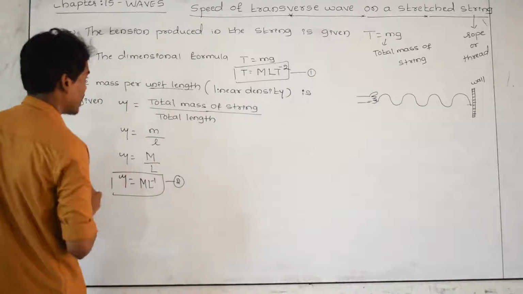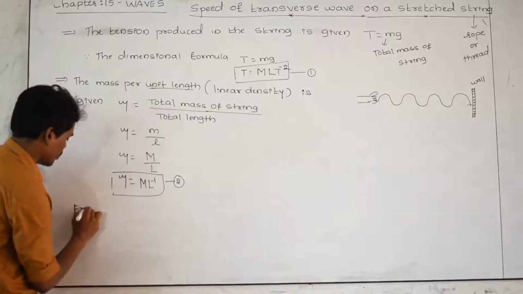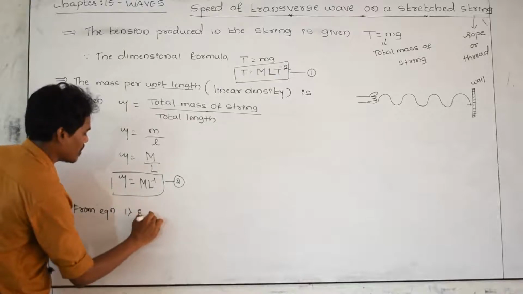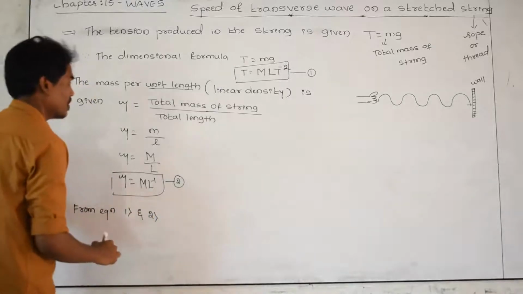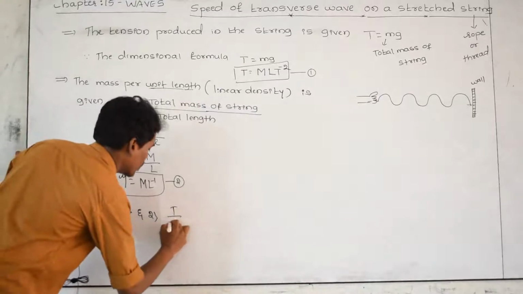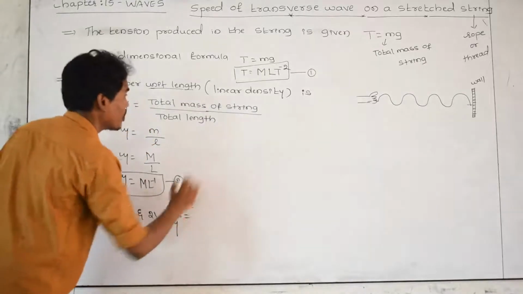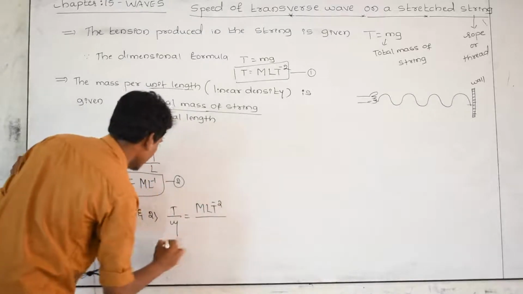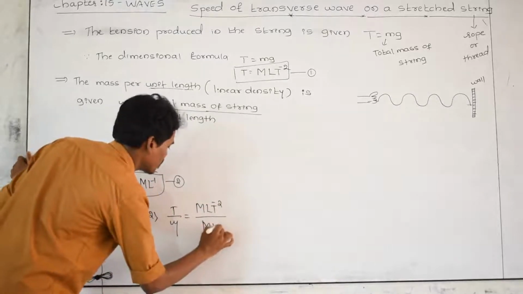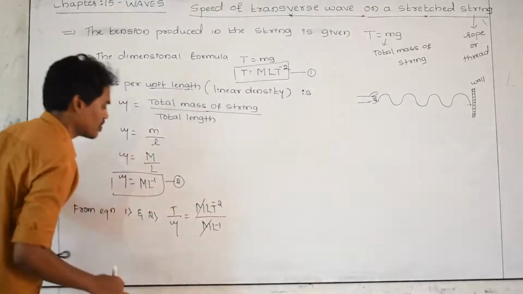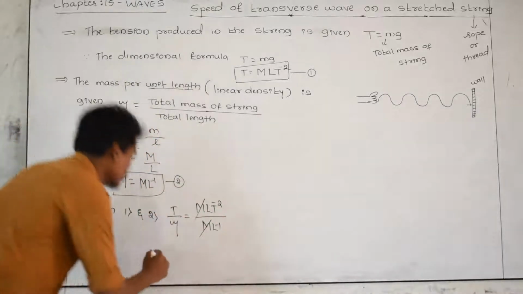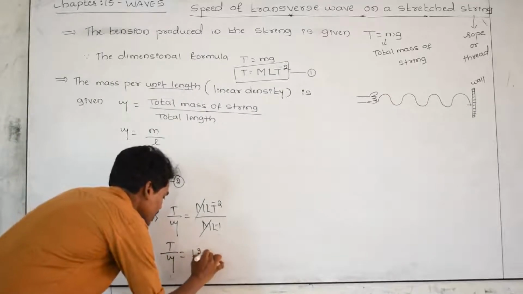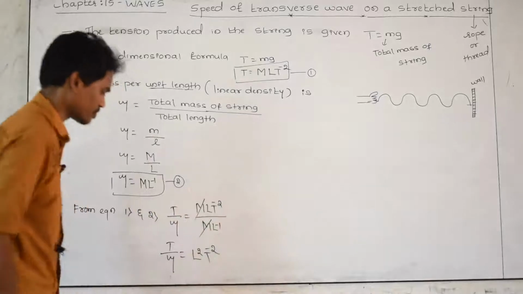From equations 1 and 2, divide equation 1 by 2, that is T by mu. T by mu is equal to M LT raised to minus 2 divided by M L raised to minus 1. M gets cancelled. Take L to the numerator. T by mu is equal to L square T raised to minus 2.